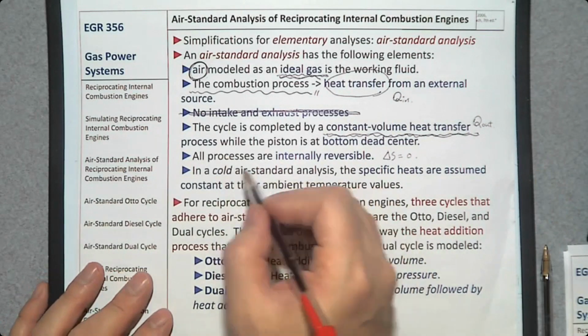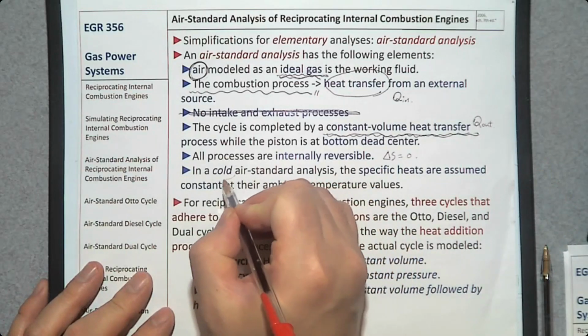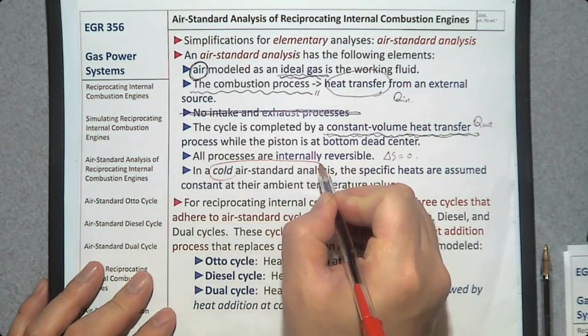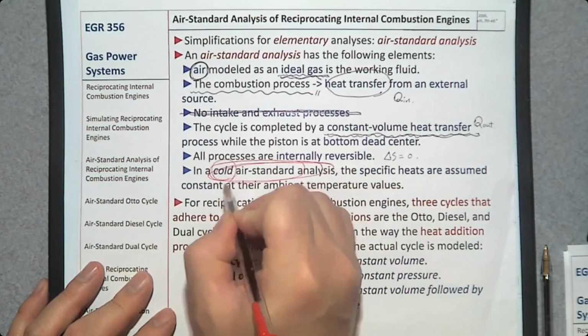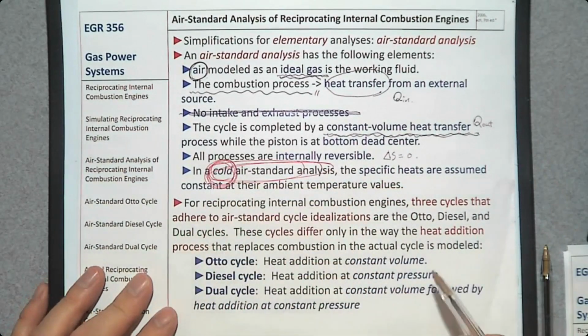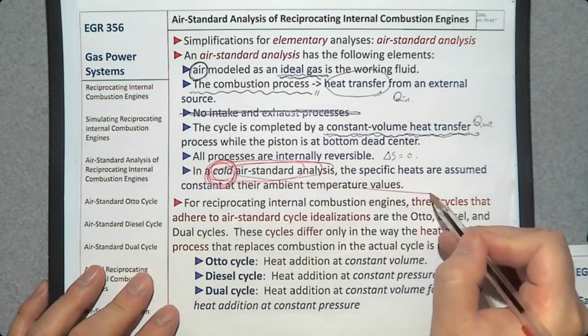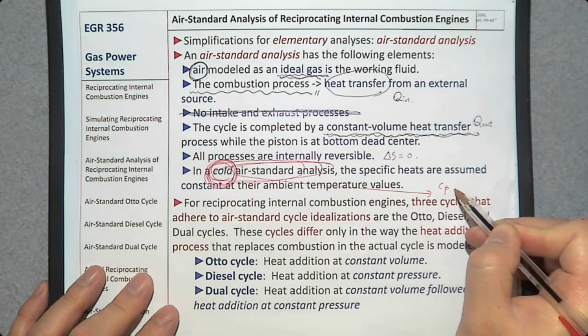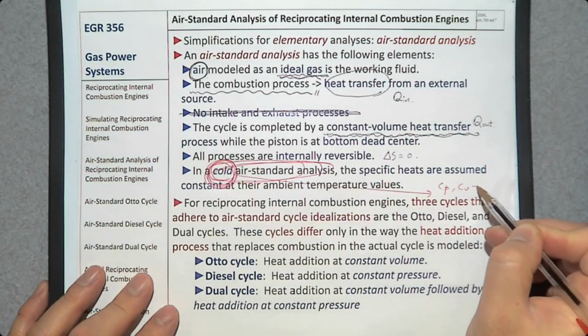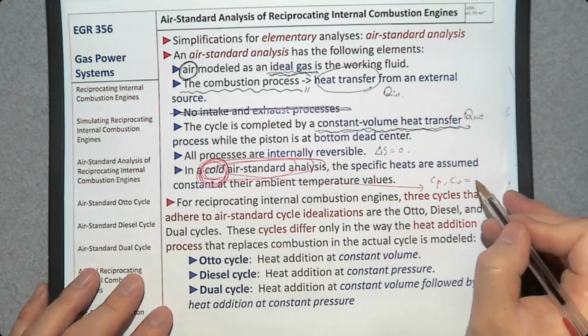And one special case is called cold air standard analysis. If we use this cold air standard analysis, we can use constant specific heat. So in this case, specific heats CV and CP are constant.